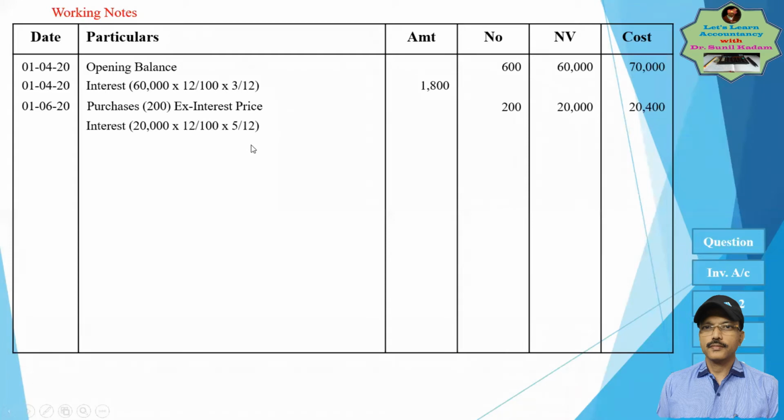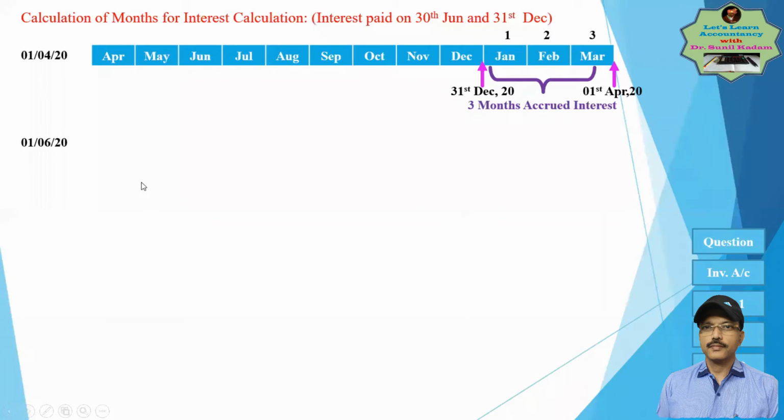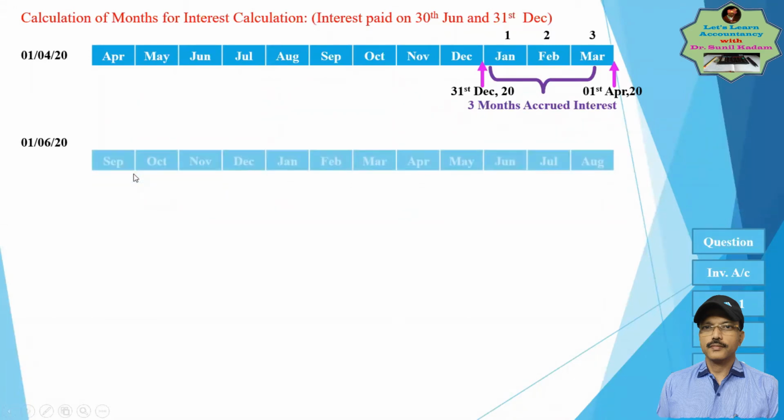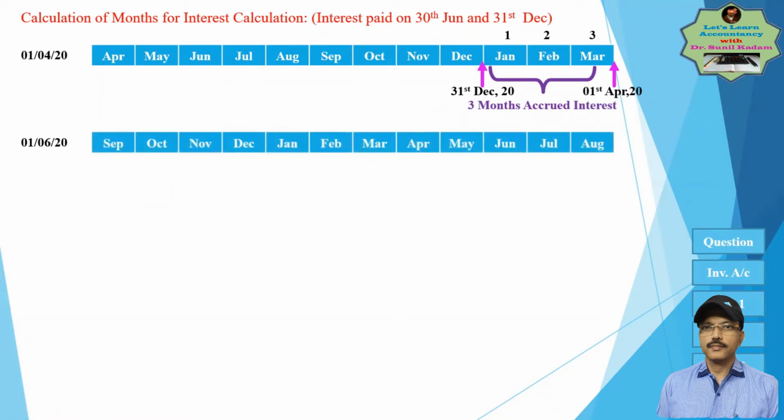Now, why 5 months? Check. On 1st June, we are calculating the interest, and the last date of interest was 31st December. 31st December to 1st June. June will not be included, neither December, because one is at the end and this one is at the first day. So June and December will not be included.